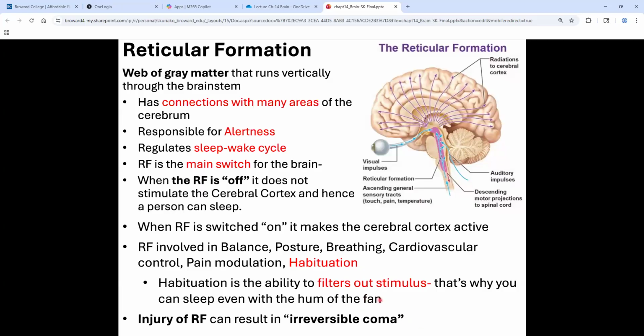But if you have injury of the reticular formation, you can end up in irreversible coma. So that's a very, very important thing. That's why the brainstem is very, very important. Damage to the brainstem is devastating.